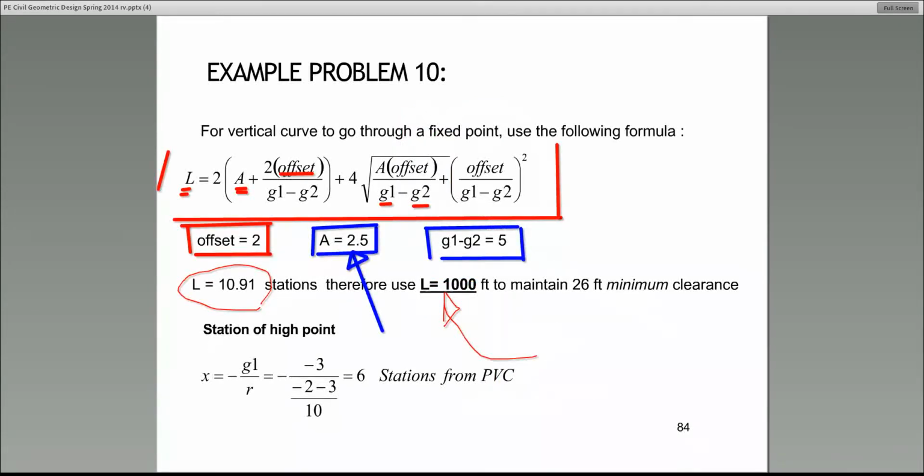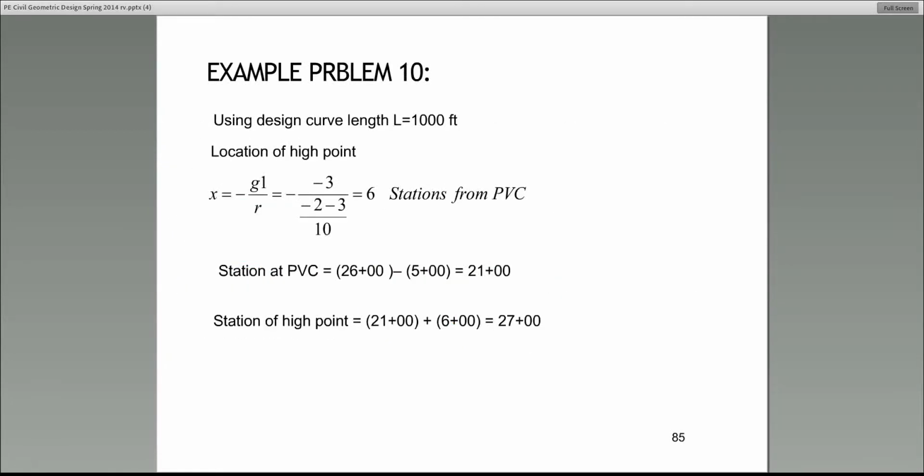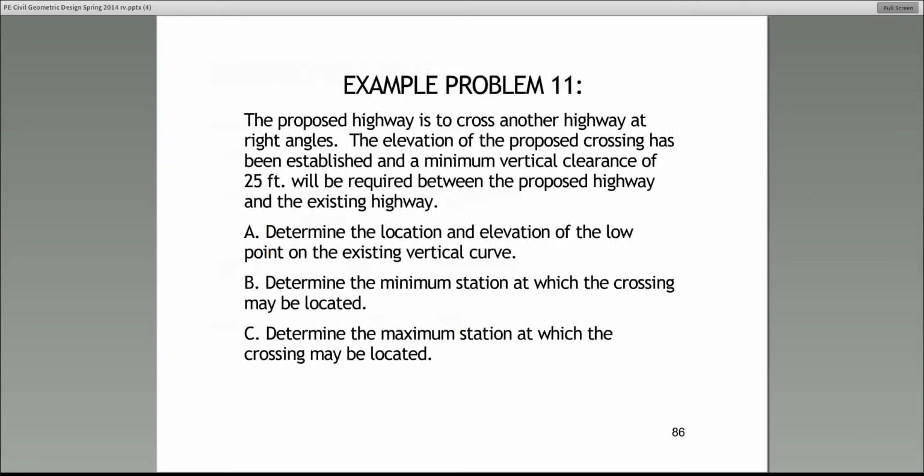Now, so there it is. The answer is 1,000. Then the next thing is, can you find the station of the high point and the elevation of the high point? I leave that up to you to do. We're running out of time. This problem 11, I did not plan to go over the solution of this, but this is also a clearance problem, slightly more complicated than the previous one.